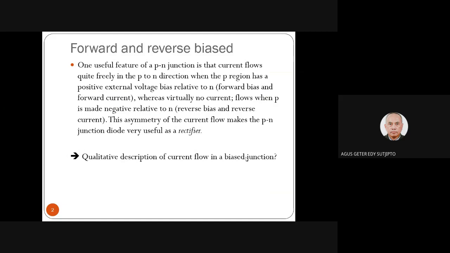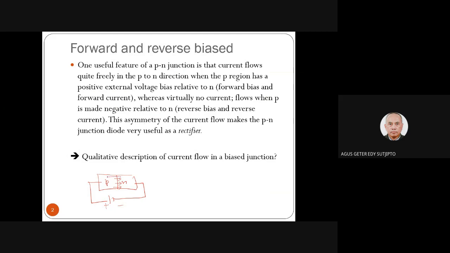As an illustration, if we have a PN junction here, this is P and this is N. When we apply the forward bias, this is a battery, the positive terminal to the P and the negative terminal to the N. So there is charge injection in the junction, where the hole is injected from the P to the N. On the other hand, there is the injection of electrons from the N region to the P region.